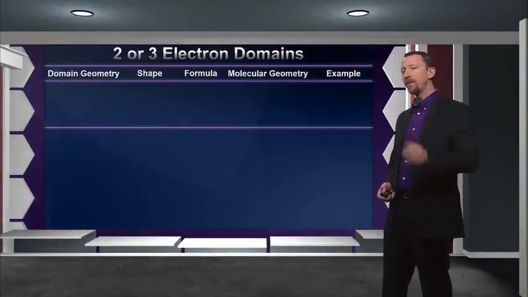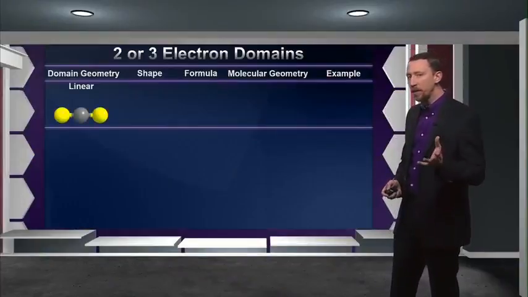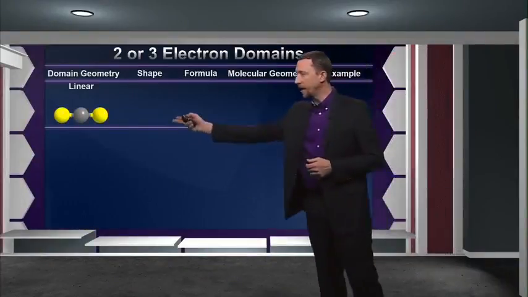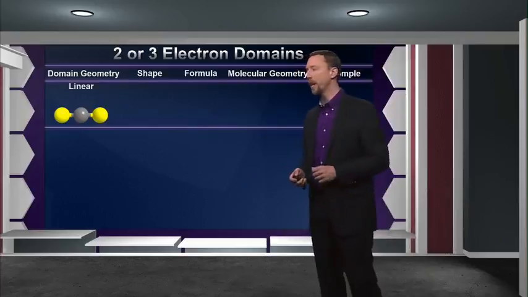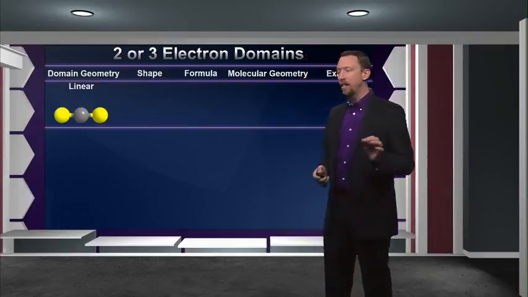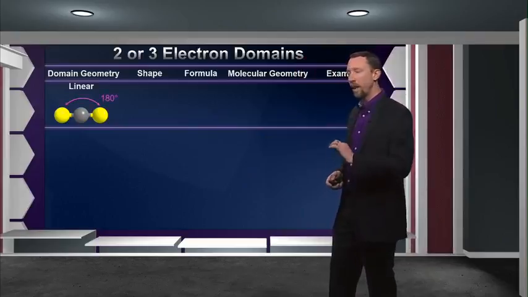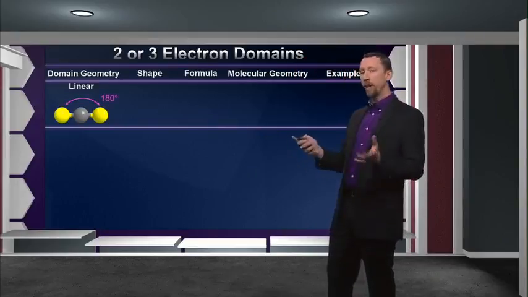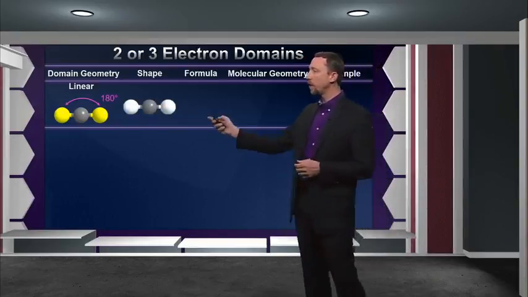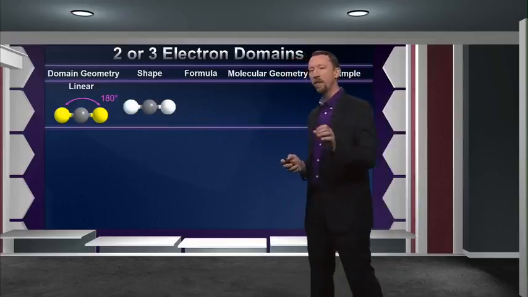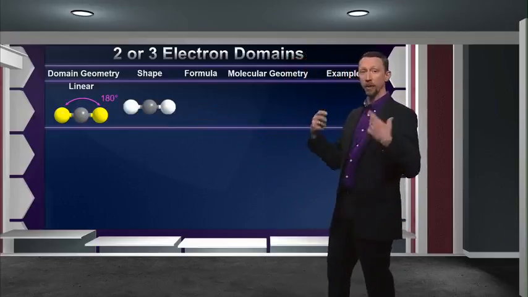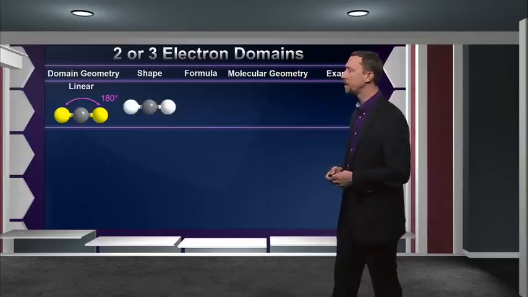Now, when we have 2 electron domains, there's really only one potential arrangement, and of course that's linear, which I've shown here, where the 2 domains are at opposition. This leads to only one type of potential molecule as well, in which the shape has the electron domains 180 degrees apart from one another. So this is the way the molecule would look if both of those bonded atoms are actually atoms and not just lone pair electrons.